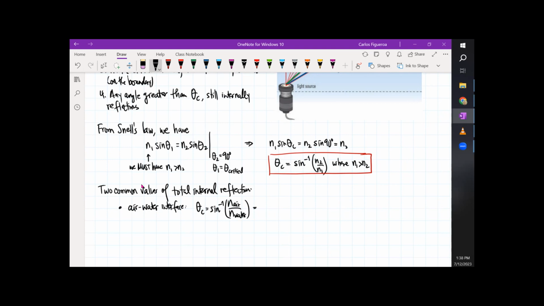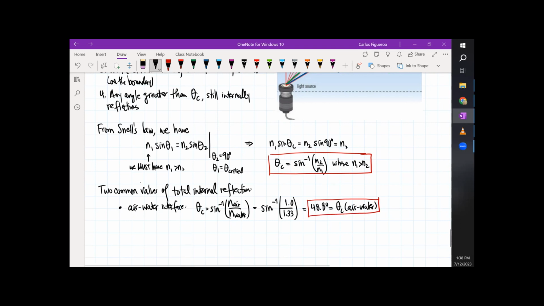If you put these numbers in, you get the sine inverse of 1 divided by 1.33. And that value tells you it's 48.8 degrees for the critical value of the air-water boundary. Okay, that's one important value to remember.